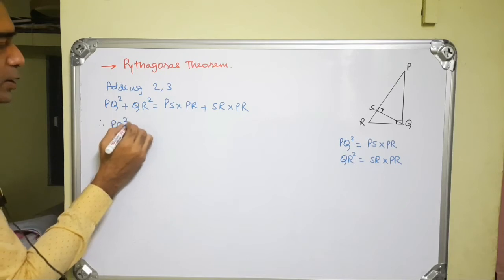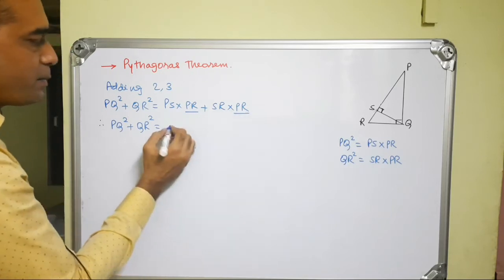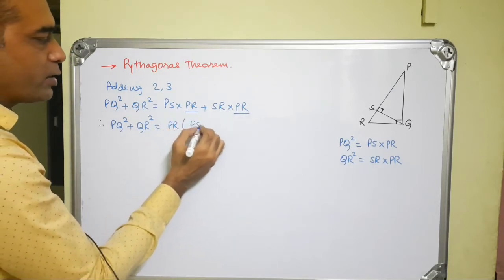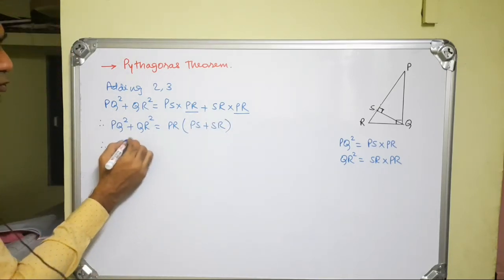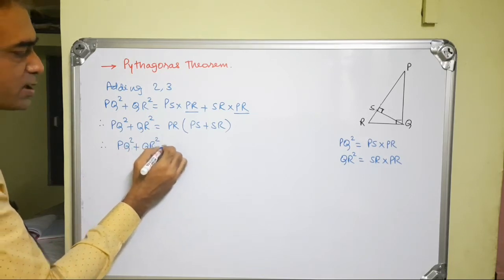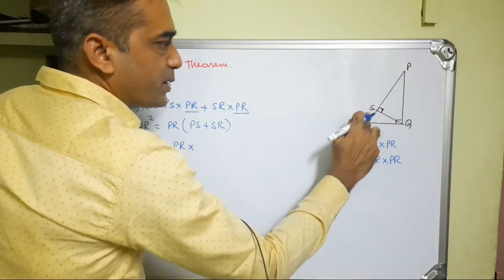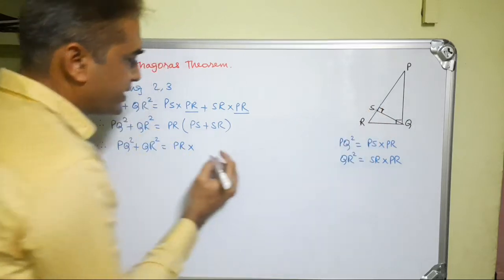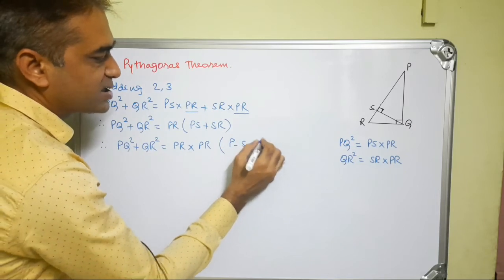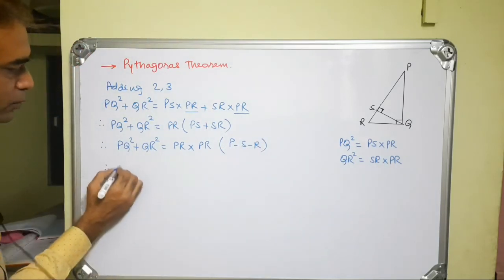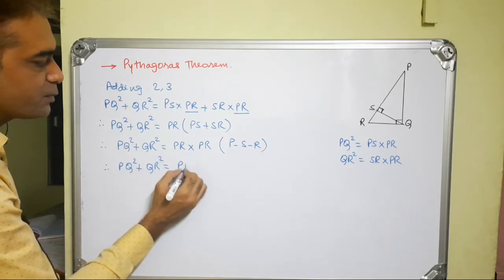Therefore PQ square plus QR square equals, now here segment PR is common, so PR in the bracket we write PS plus SR. Therefore PQ square plus QR square equals PR multiplied by PS plus SR. Now PS plus SR is segment PR because these are collinear points P, S, R. Therefore PQ square plus QR square equals PR into PR, that is PR square.